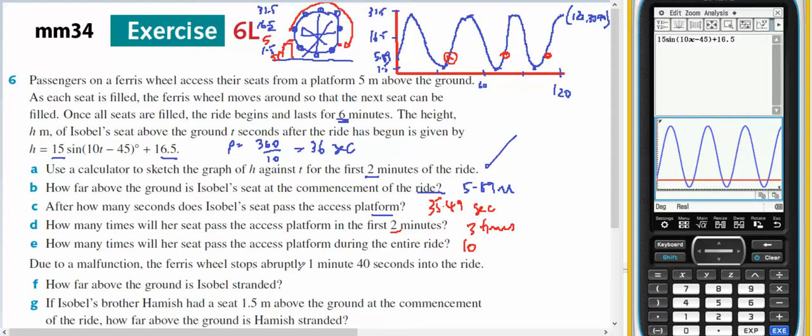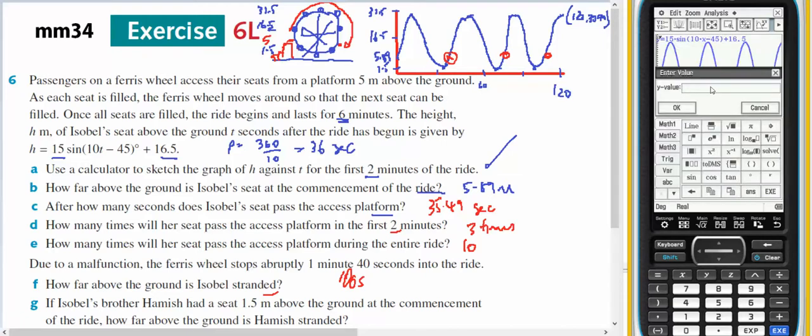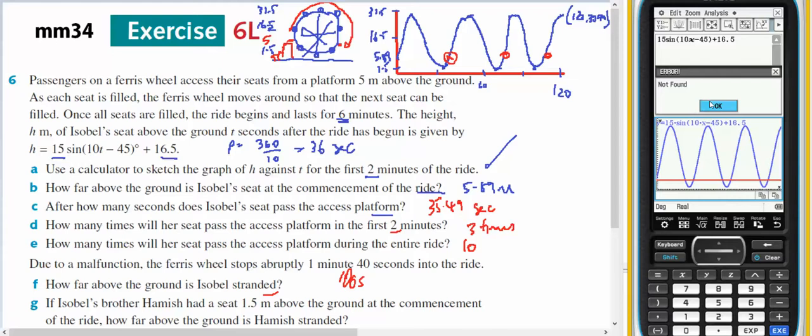Okay, due to a malfunction, the Ferris wheel stops abruptly at 1 minute and 40 seconds, so that's 100 seconds. How far above the ground is she stranded? So, analysis, G-solve, y-calc, when x equals 100. I've got two curves there, it wants to know which one, so I'll press XC, then I'll put 100. Not found.